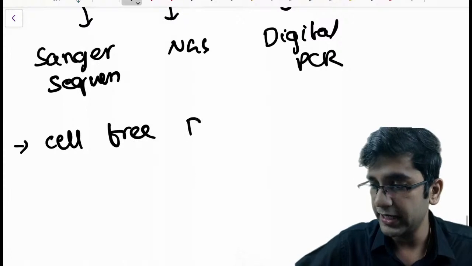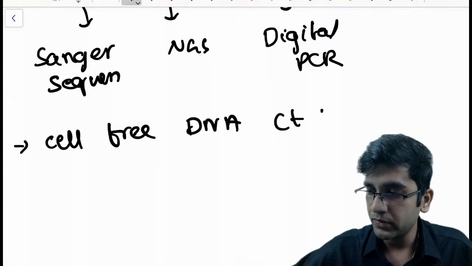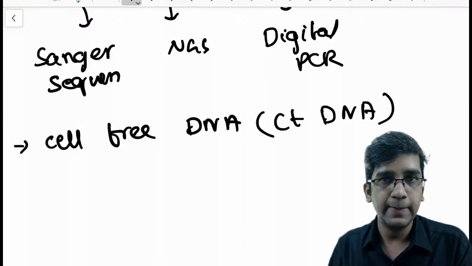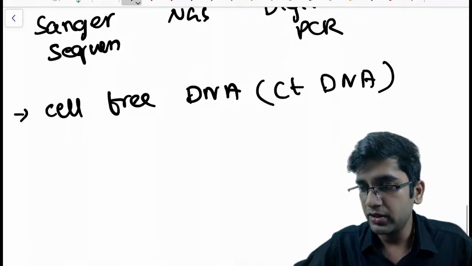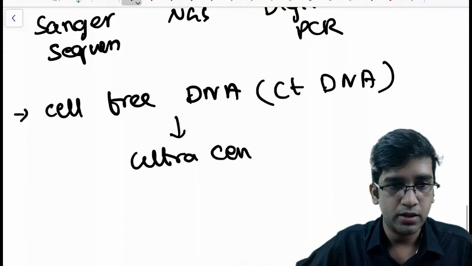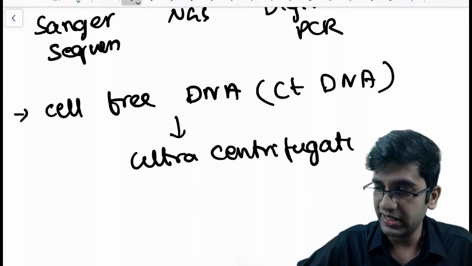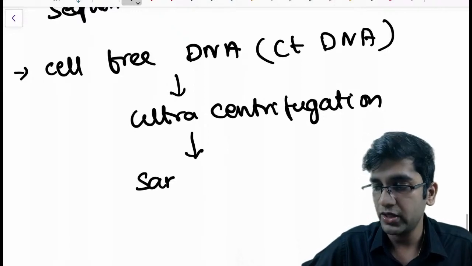Second was my cell-free DNA. Cell-free DNA is also called ctDNA. That's the other name, may be useful in exams. It's called circulating tumor DNA or cell-free DNA. It's going to be seen in nanograms. Same method, we're going to use ultracentrifugation. After ultracentrifugation of the cell-free DNA, we can use Sanger sequencing or NGS.